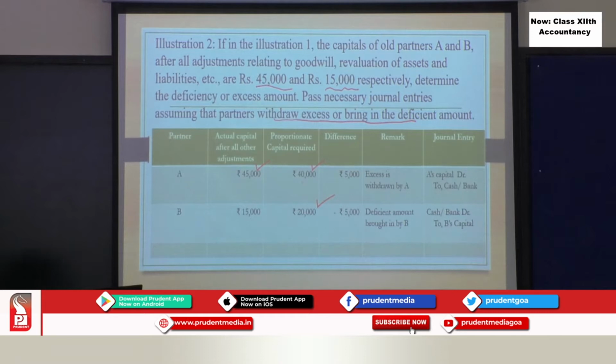His required capital is only 40,000, but his actual capital is 45,000 in the capital accounts.